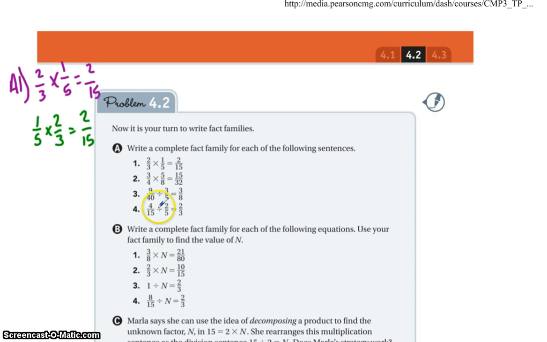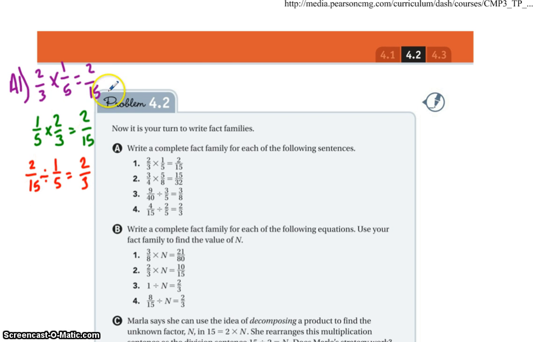Now, for division, we're going to move our product of our multiplication to the front as the first number. So 2/15. And then we will divide by one of the factors. So I'm going to take 1/5 first, and that's going to equal 2/3.